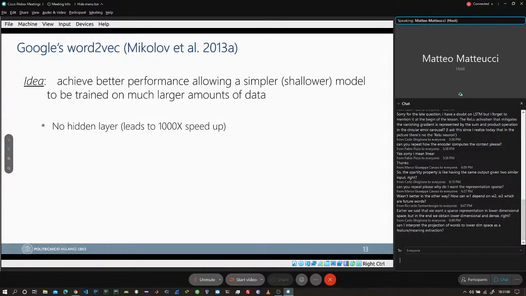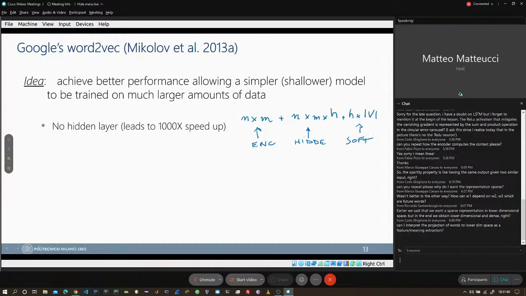The complexity is n times m, and this is the encoding. There is nothing you can do about it. Then you have n times m times h, and this is the hidden layer part. And then you have h times the size of the vocabulary, and this is the softmax.